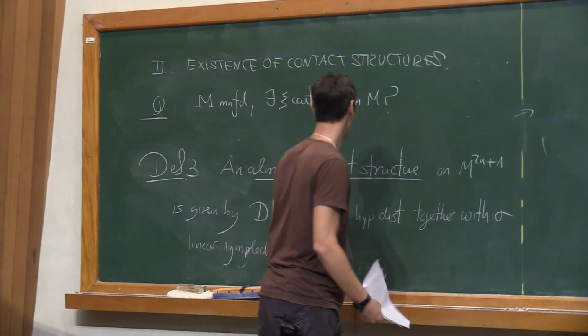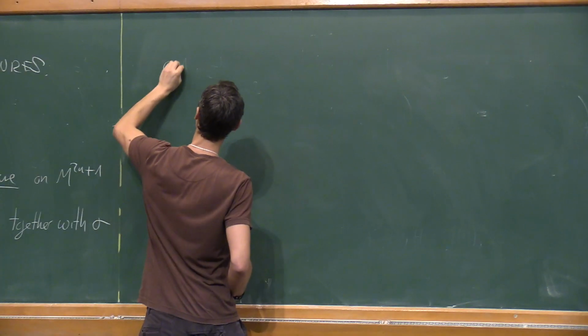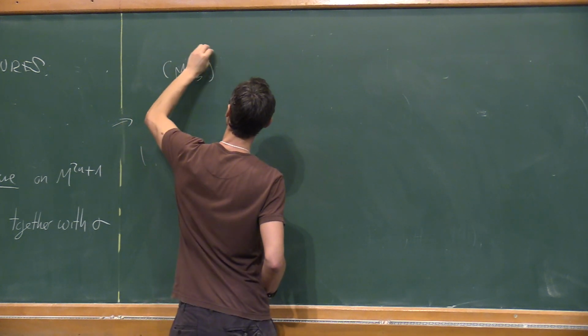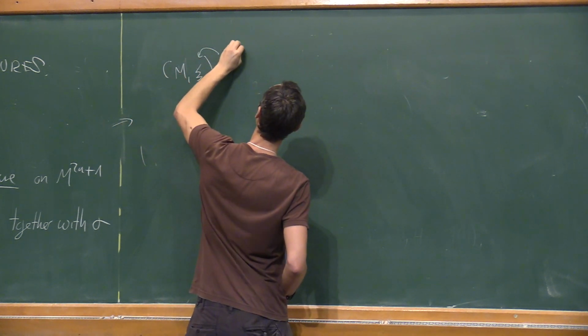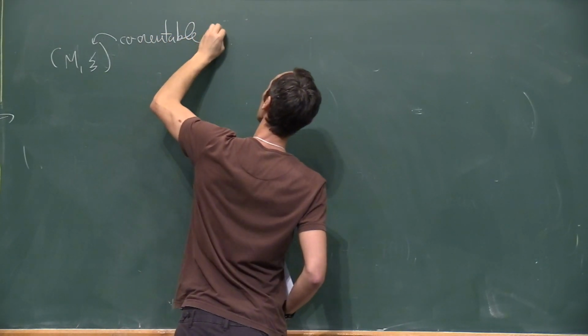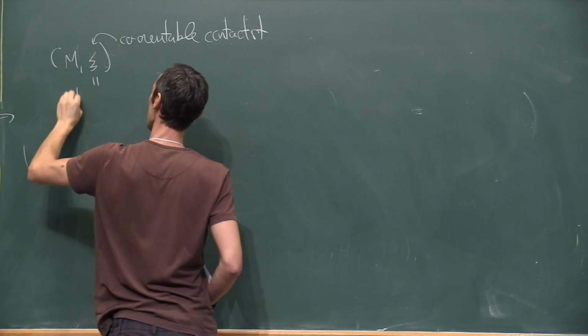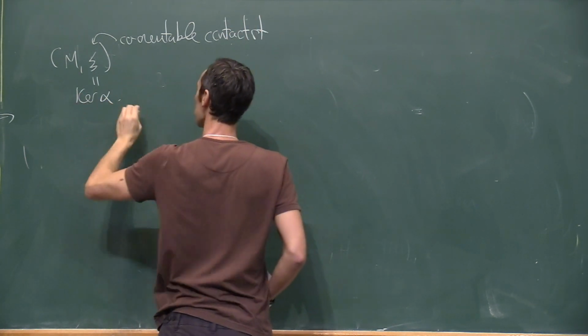And of course, this is the kind of structure that you see whenever you have a contact manifold. Assume this is a coorientable contact structure, so it is the kernel of a global one-form alpha.